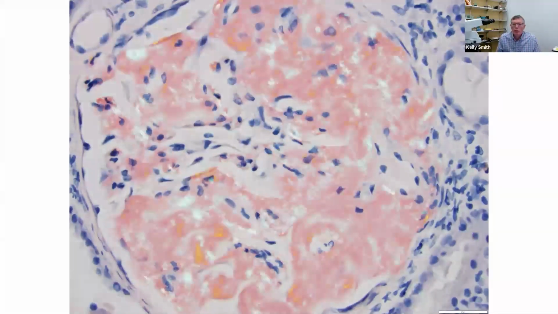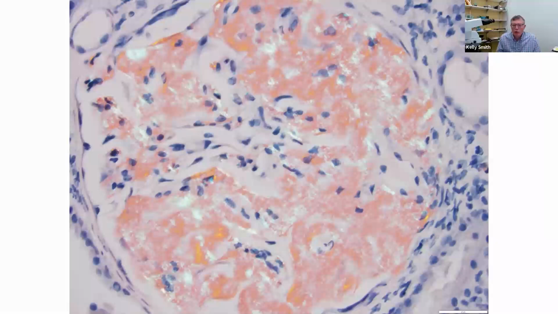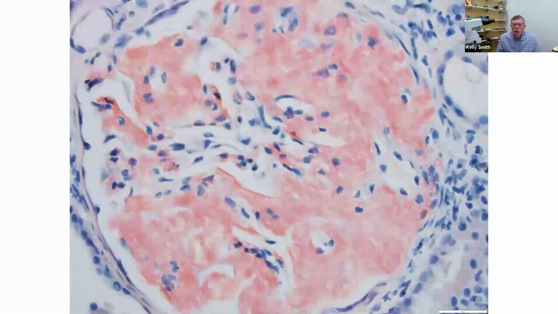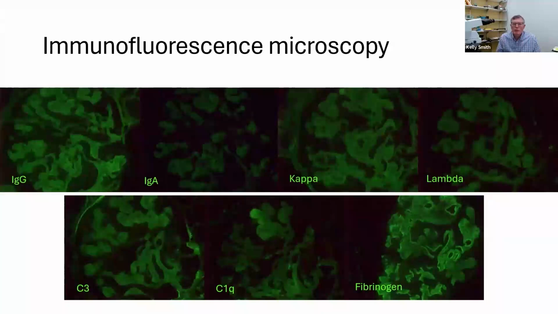And then when we start to polarize this, we can see the nice areas of green birefringence that is pretty much diagnostic of amyloidosis. You can also see areas with a little bit of yellow or orange coloration. And so beautiful histologic evidence of amyloid.